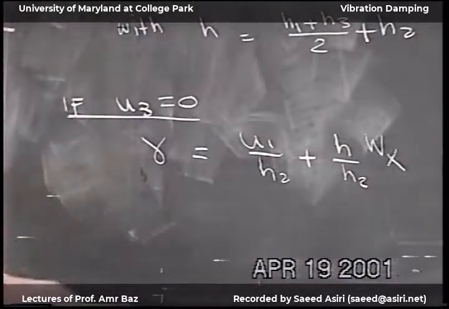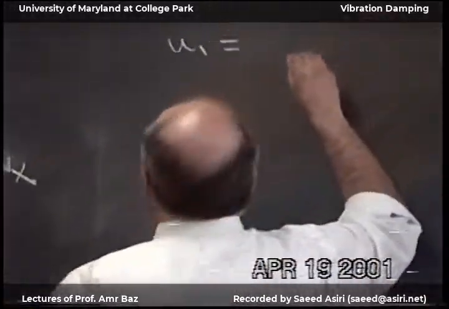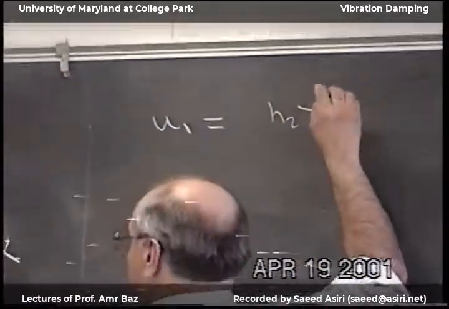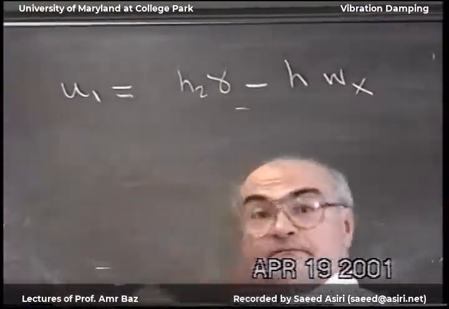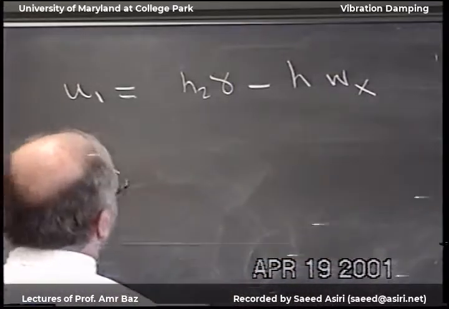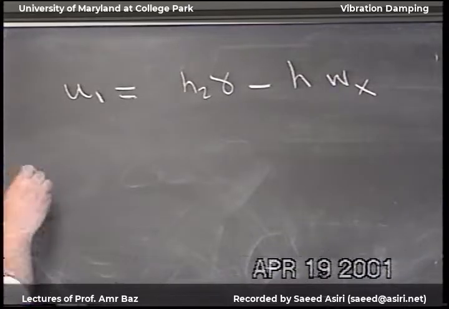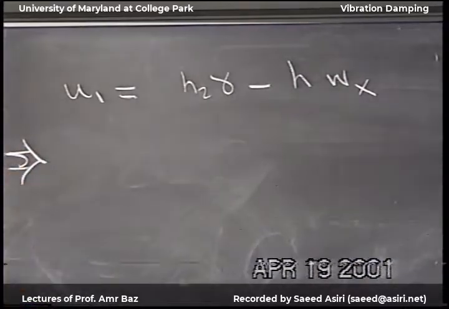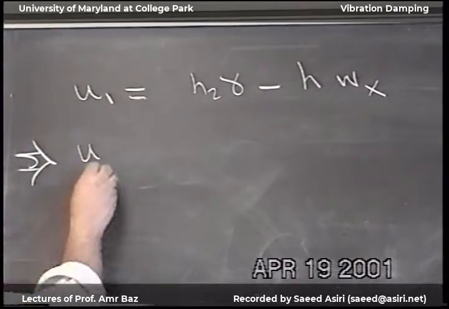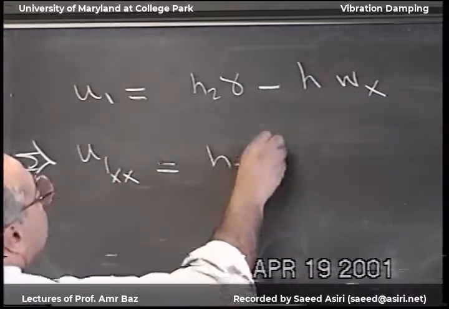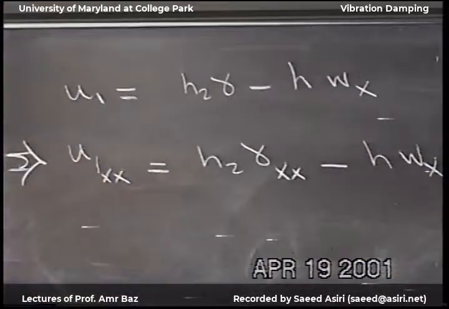And from here, I can extract U1 will equal H2 gamma minus H W_x. And from this, I can say that if I differentiate this twice with respect to x, partially with respect to x, one, two, three.